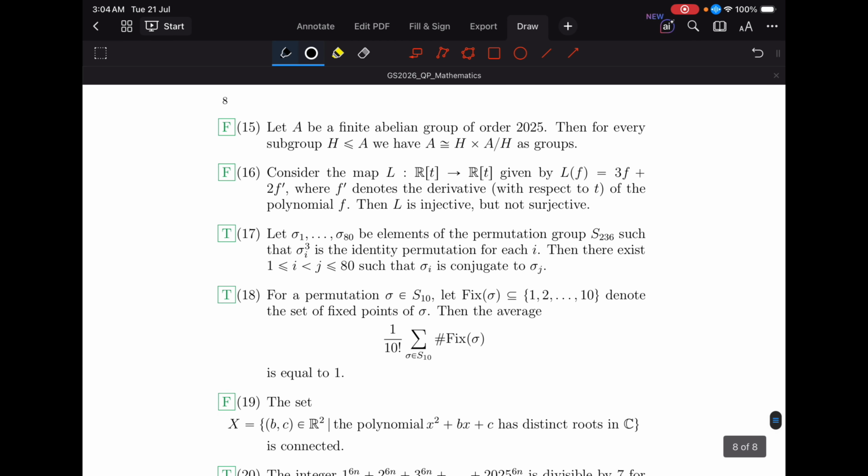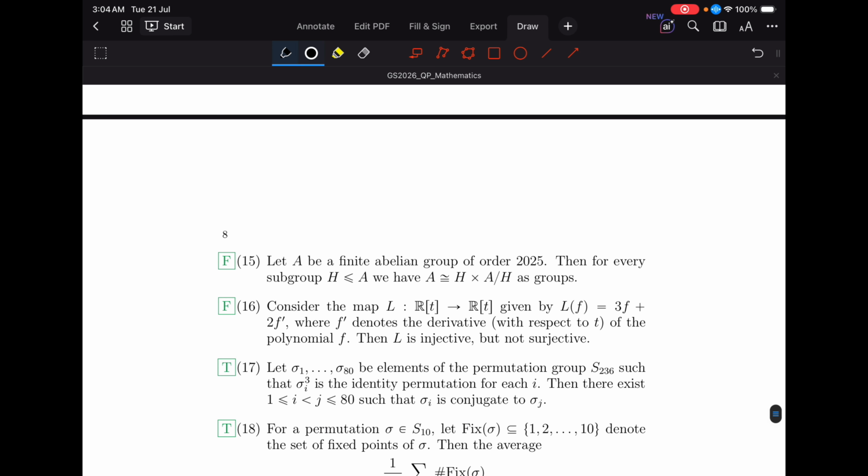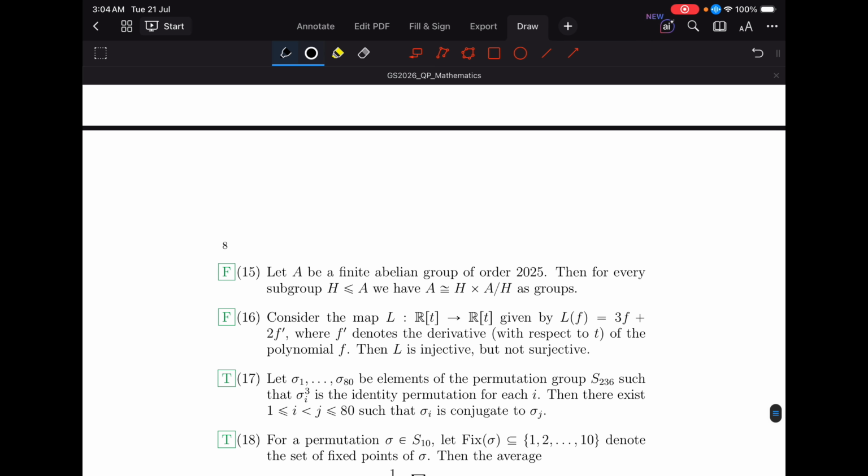Okay, so let A be a finite abelian group of order 2025, then for every subgroup we have A is isomorphic. Okay, so let A equal to the cyclic group Z2025. Okay, so 2025 equal to, so let us do the prime factorization.